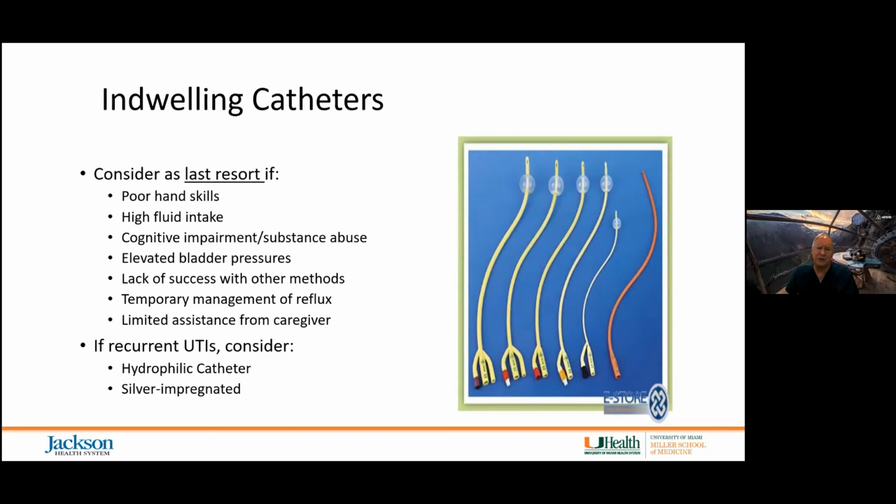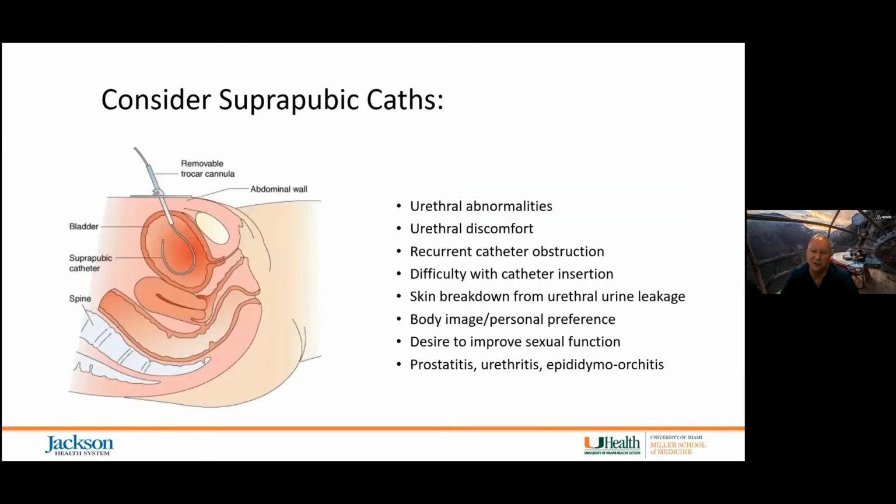If I have recurrent urinary tract infections using an indwelling catheter and/or a suprapubic catheter, consider using a silver-impregnated catheter or hydrophilic catheters, where it's less likely that you'll develop these urinary tract infections. So I've mentioned suprapubic catheter, again, coming in over the top of the pubis.